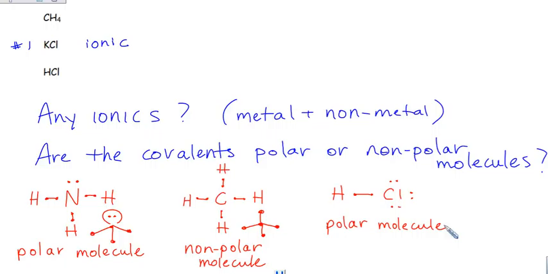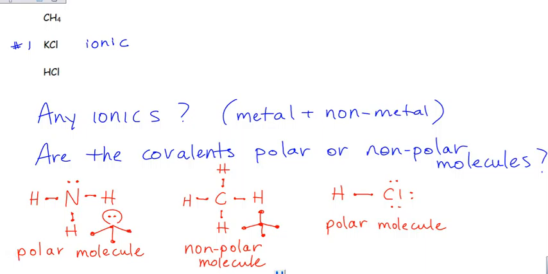All right, cool. So now we can continue to rank these. The second strongest form of intermolecular force is the hydrogen bond. Hydrogen bonds occur between polar molecules, so we're looking at HCl or NH3. Polar molecules always have a region that's partial positive and partial negative.